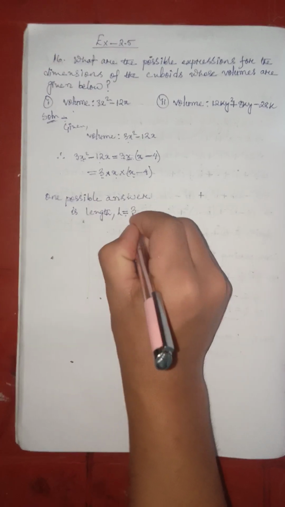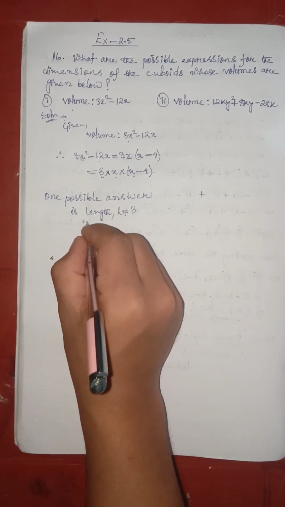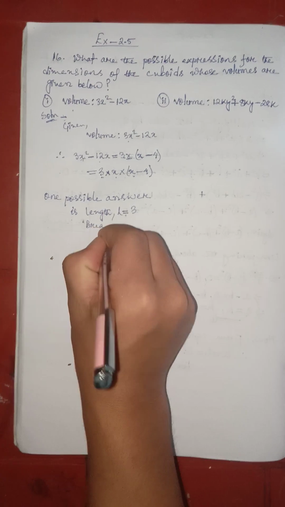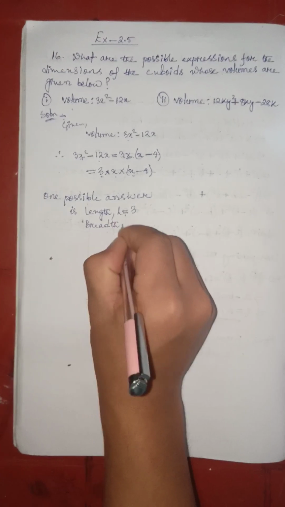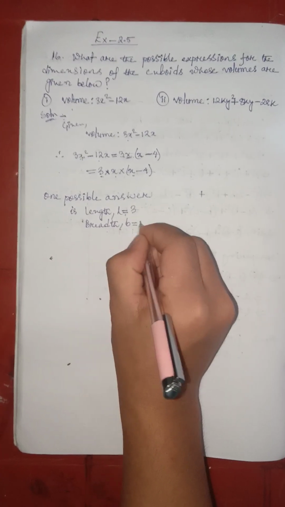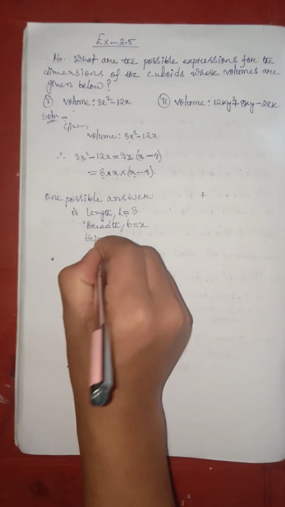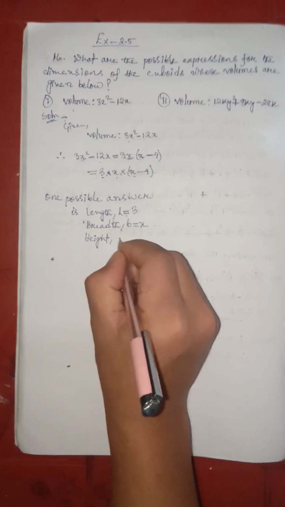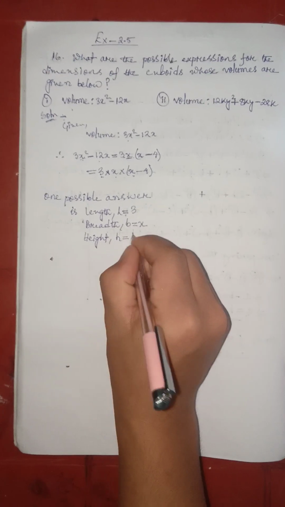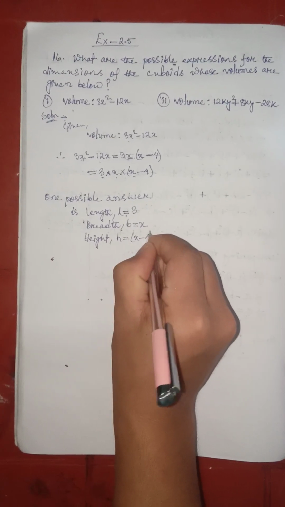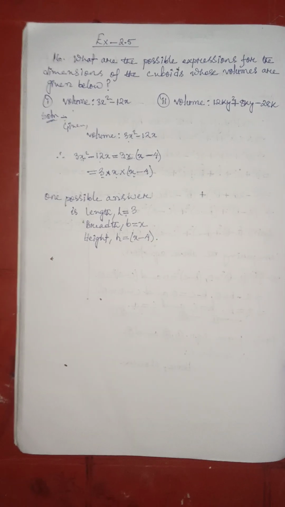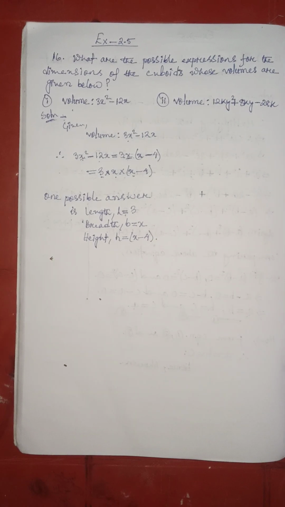Length is 3, and after that, breadth is x. And then height will be equal to x minus 4. This is everything the question asks us to find from Roman number 1. Is it clear to all of you?